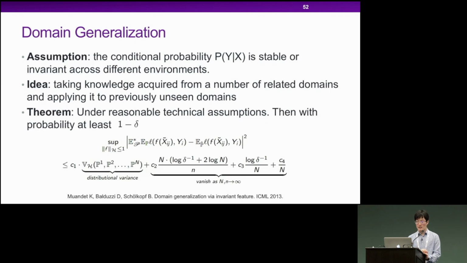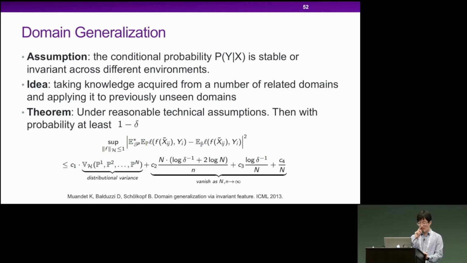They made some reasonable technical assumptions, and then proved that with probability at least 1 minus delta, we can derive the upper bound of this loss. And this loss, you can see, in one given distribution that is a known distribution, can approximate the average loss in the known distributions, so there is a similar performance in the sense of the loss function.